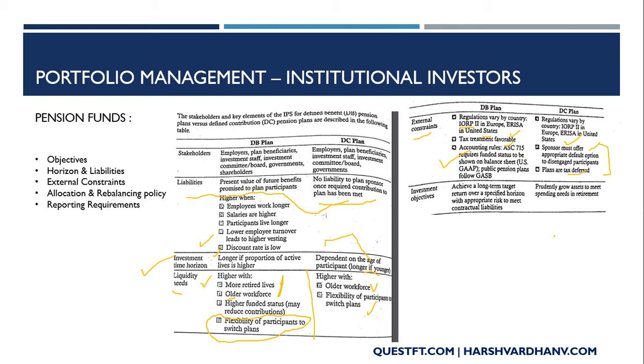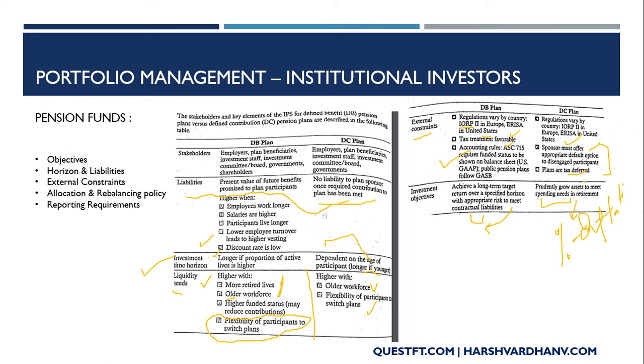Quite self-explanatory. Investment objectives: long-term investment to fund long-term liabilities with an appropriate risk to meet contractual liabilities. Simple. We understood that the DB will have long-term liabilities because they have fixed liabilities. Here, the agenda is to beat the inflation, right?